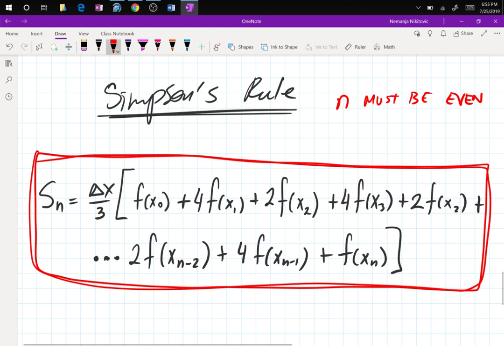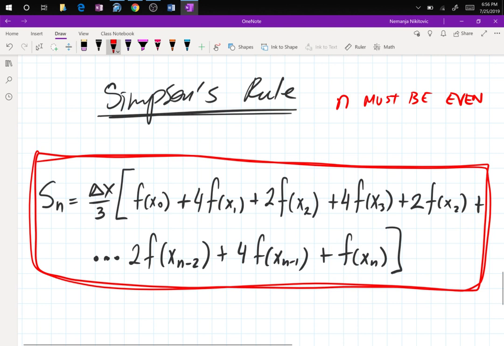So your midpoint has coefficients of 1. The trapezoid rule has all the 2's inside, and Simpson alternates the middle for as many rectangles. Now, this is why you must have an even number of rectangles. The pattern cannot fit.